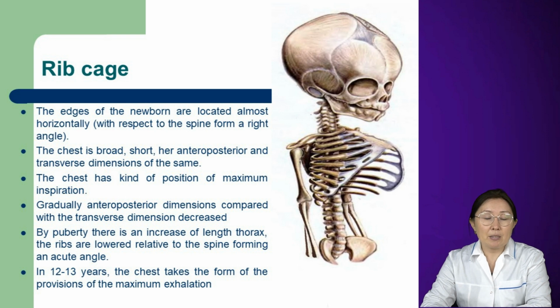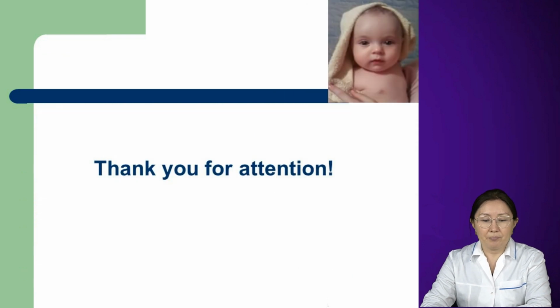Gradually, the anterior-posterior dimension decreases compared with the transverse dimension. By puberty, there is an increase in the length of the thorax. The ribs are lowered relative to the spine, forming an acute angle. From 12 to 13 years, the chest takes the form of the position of maximum exhalation. Thank you for your attention.